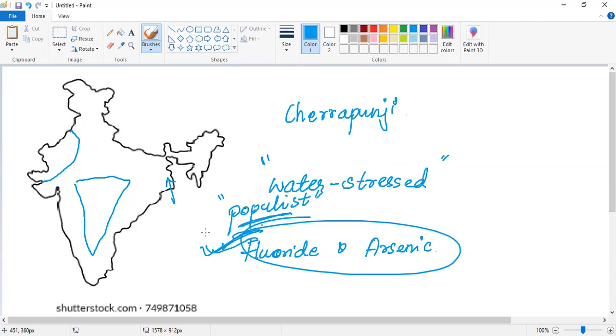Next point, NDMA guidelines, including vulnerability profiles for regions, communities, must be created.